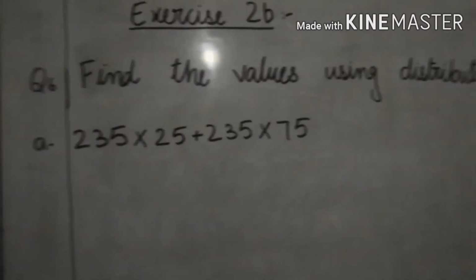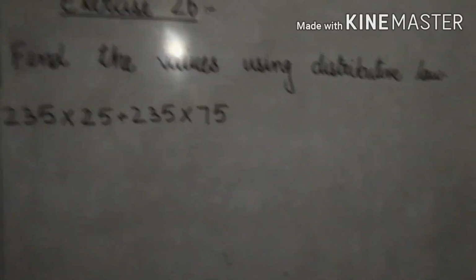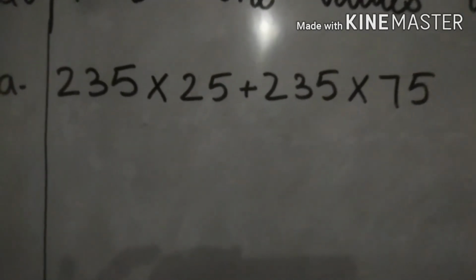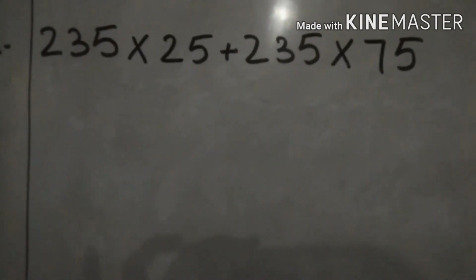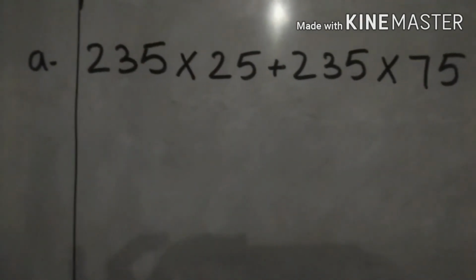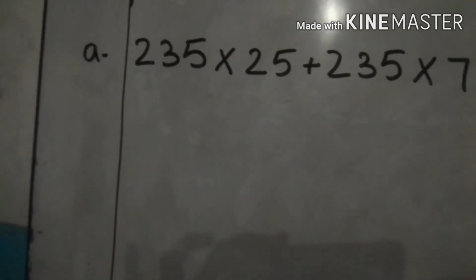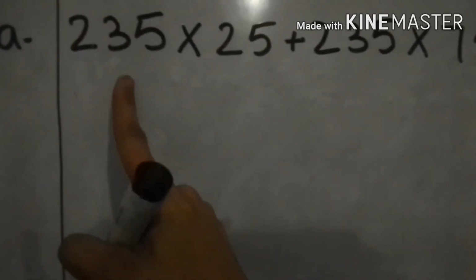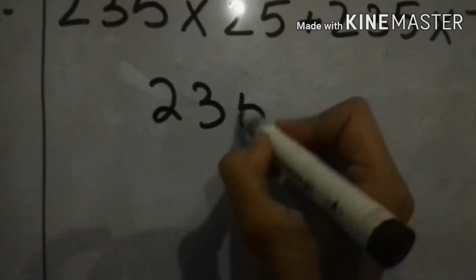Next we have question number 6. Find the values using distributive law. A part we have is 235 multiplied by 25 plus 235 multiplied by 75. First of all, we have to write it in the distributive law and then we have to solve it. To write it in the distributive law, I will take 235 common.